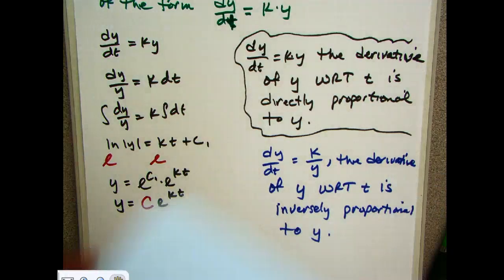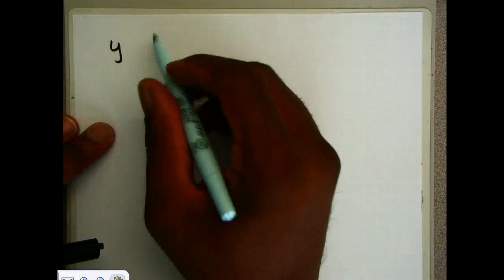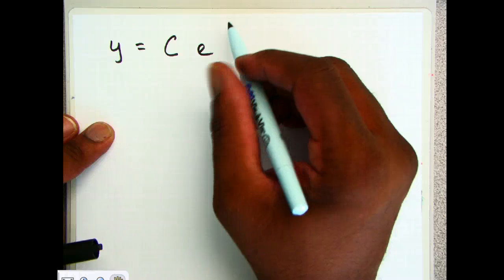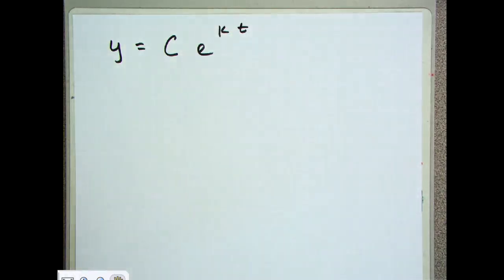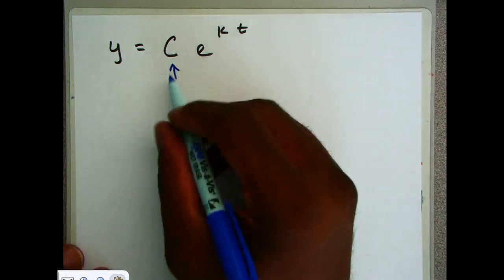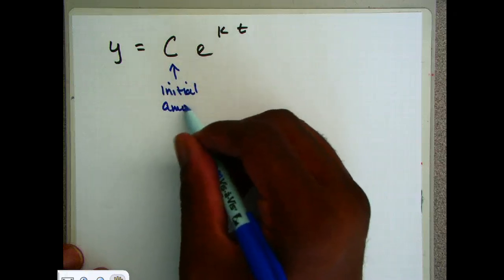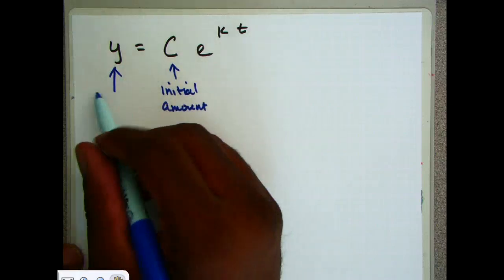Okay, so let's take a look at what we have so far. So we have y is equal to c e to the kt. C is our initial amount. Y would represent our new amount.